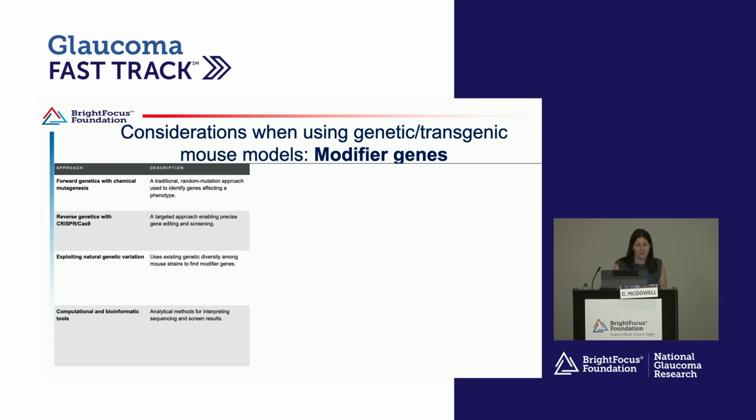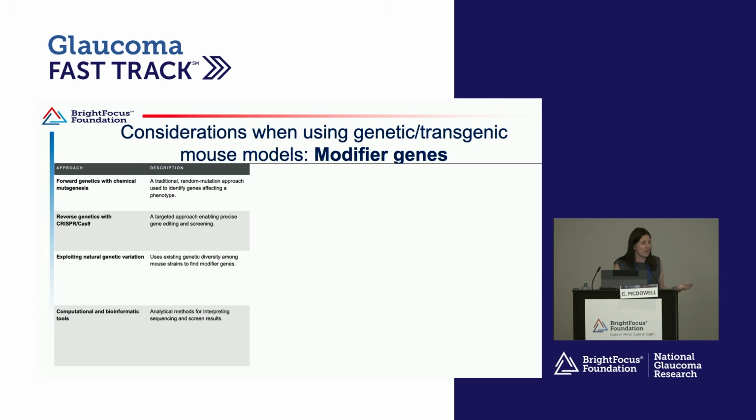So here are some examples of the ways you can use mouse genetics to identify cool new modifier genes that might be really relevant to disease pathogenesis. So you could do things like forward genetics with chemical mutagenesis. You can use more modern techniques like CRISPR-Cas9 to do a targeted approach to enable precise gene editing and screening.